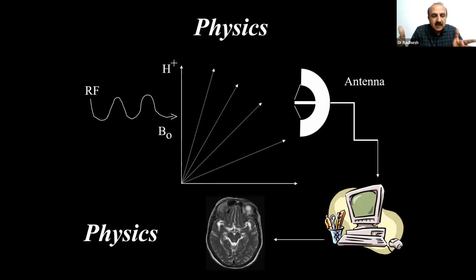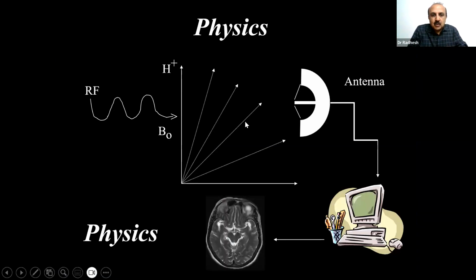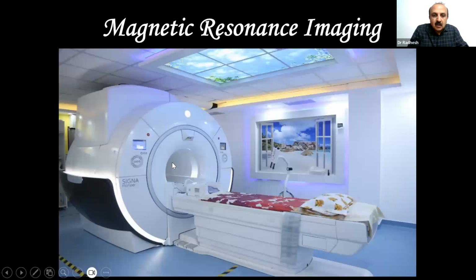Now, when the human body or the patient goes into the gantry, inside the bore, the hydrogen protons within the human body start aligning along the magnetic field. The magnetic field runs from the entry of the magnet all the way to the back of the tunnel. That is how the magnetic field is aligned, or we also call it the Z axis.